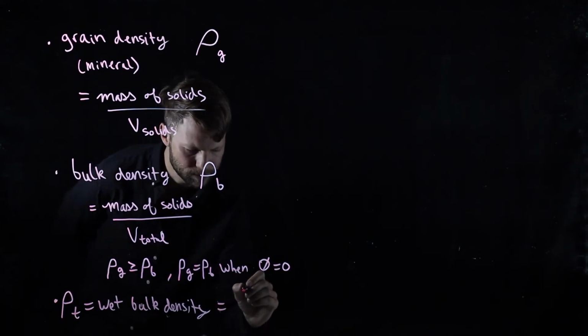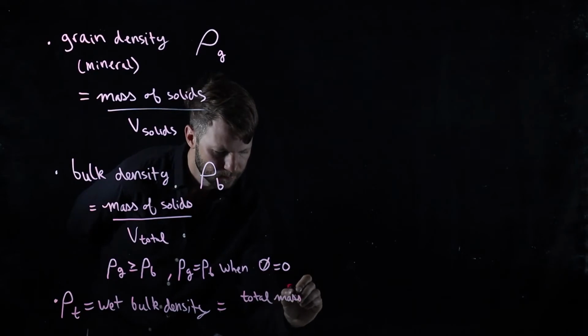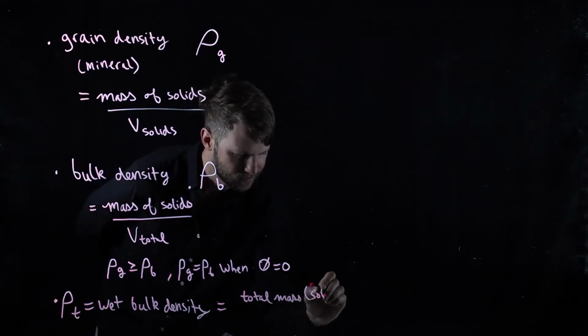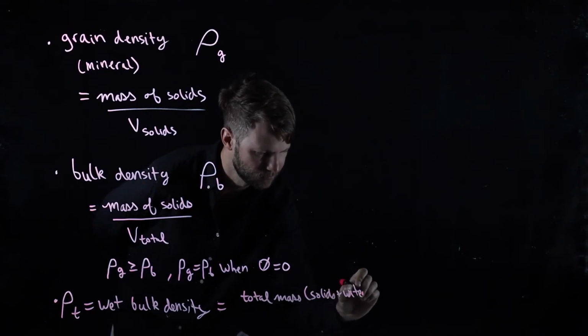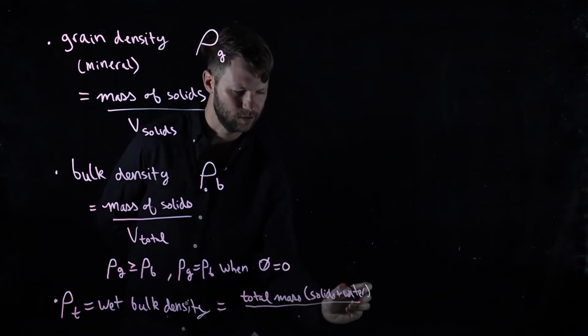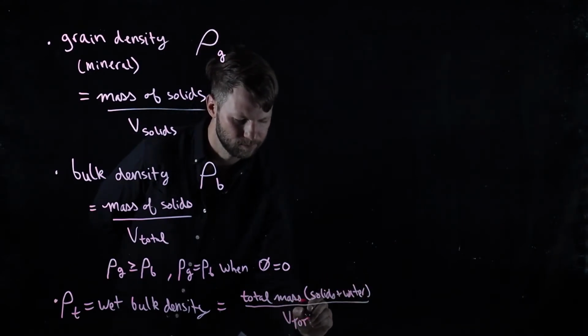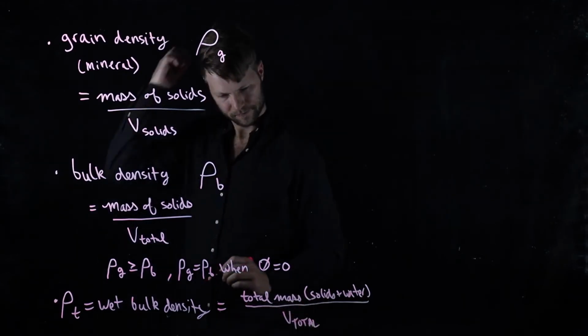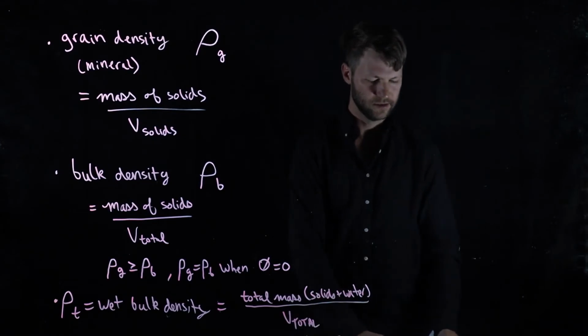Here, we're going to be looking at the total mass, so including the solids and the water, and of course the air, but it basically doesn't weigh anything, so we're not going to include it, and divide this by the total volume. So these are different ways of describing density in the subsurface.